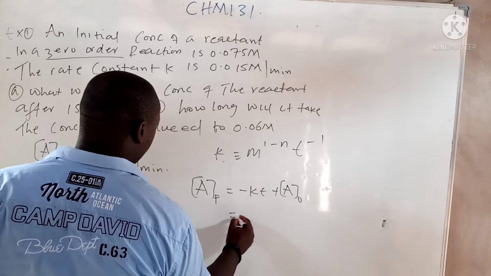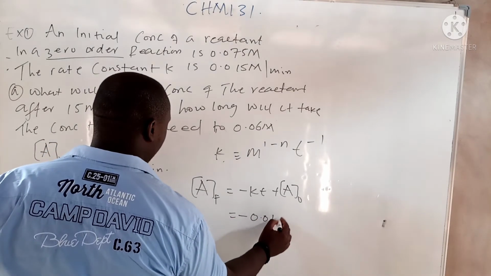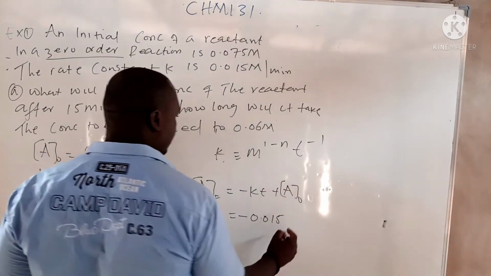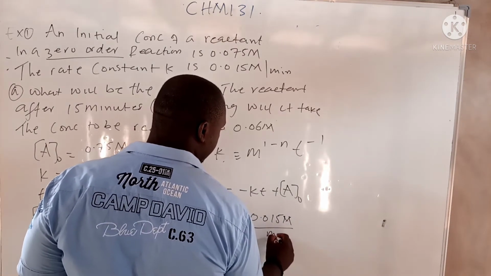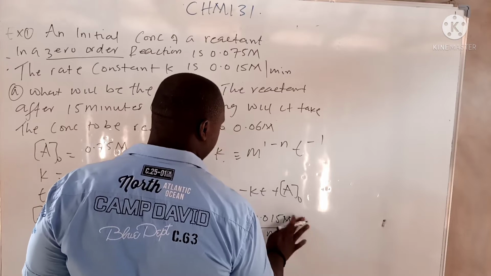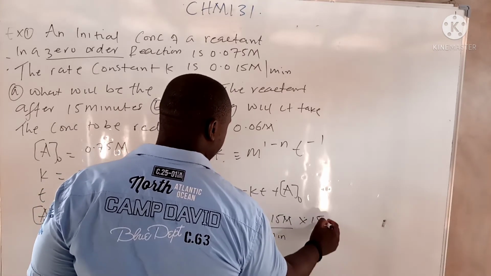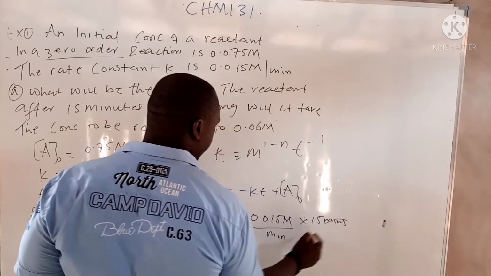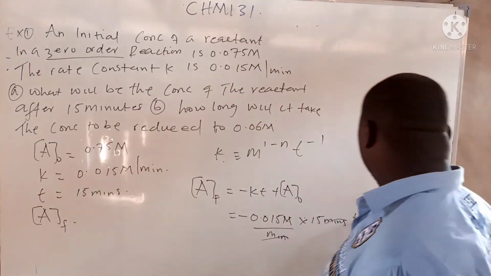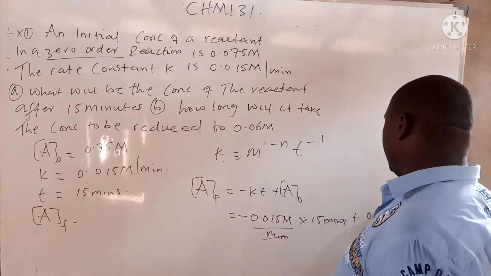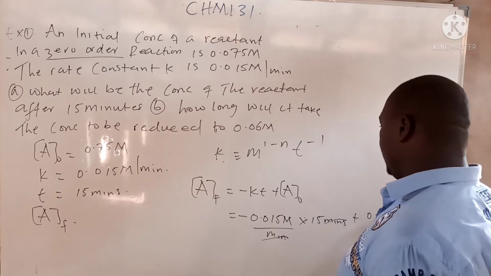So this will give you equals minus 0.015 molarity per minute, times your time of 15 minutes. So this minute will cancel this minute, plus your initial concentration, 0.75 molarity.